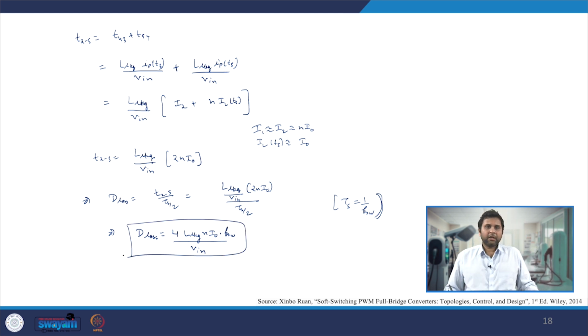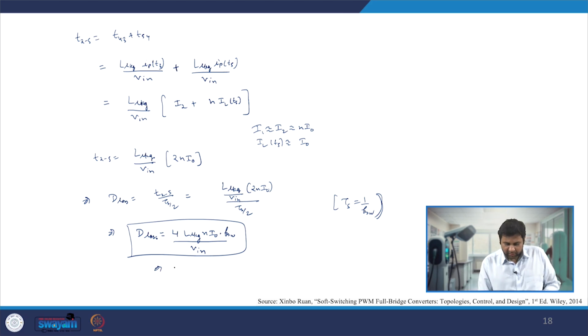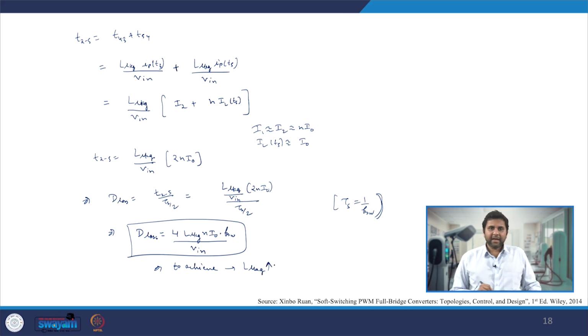So, this is what we got. What we understood from here is that in order to achieve ZVS, L leakage has to be more. Now, if my L leakage is more, my D loss value will be more.